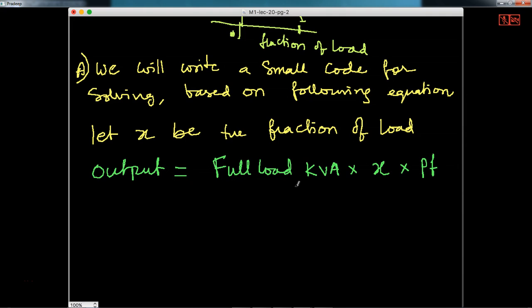Now what is iron loss? Iron loss is Wi, so this is nothing but constant. Next we have copper loss.